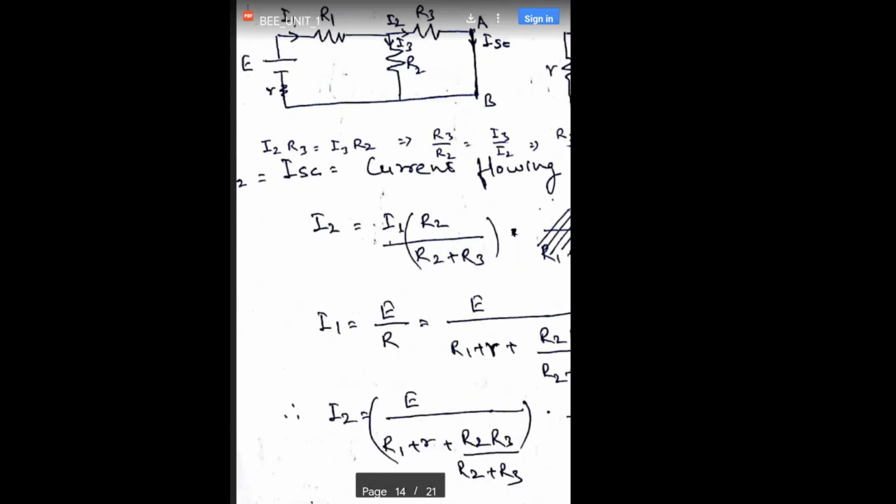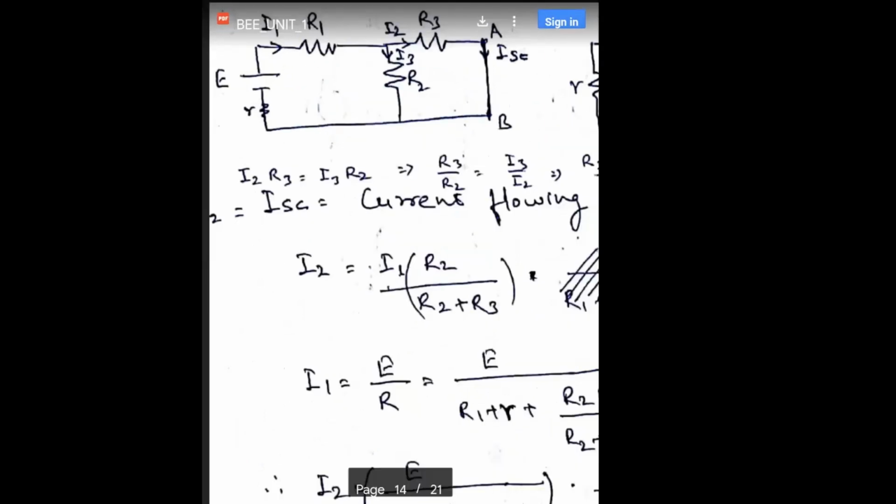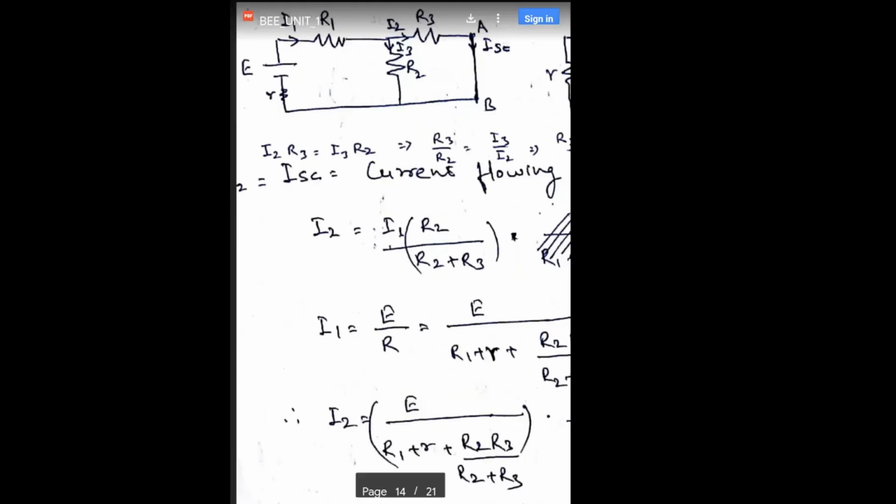Okay, so I2 R3 is equal to I3 R2. What change I have done is that maybe I should have assigned I2 current to R2 and I3 current to R3, but doesn't matter, you focus on the concept.